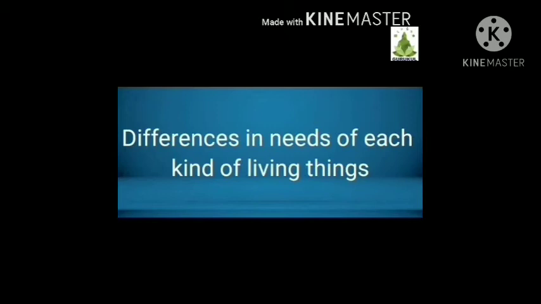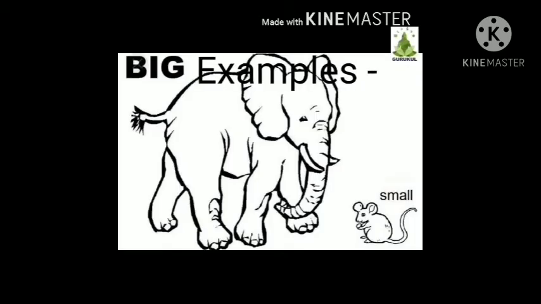Children, do you all know there are differences in the needs of each kind of living thing? To understand this, let's take the example of an elephant and a mouse. The amount of water a mouse drinks in a day is not enough for an elephant even at one time. It means an elephant requires more water than a mouse.